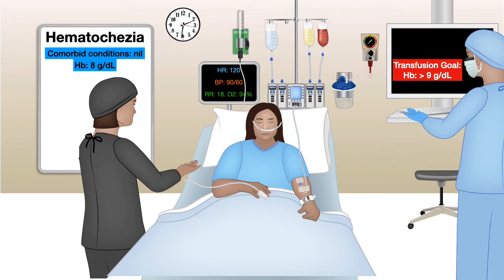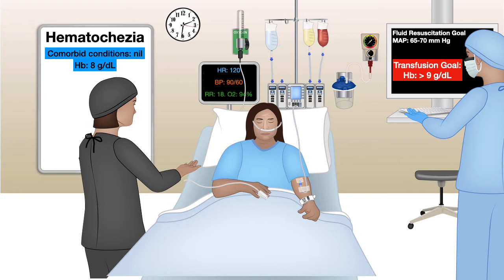And our goal for resuscitation should be a mean arterial pressure of 65 to 70 millimeters of mercury and watching their mentation, their skin perfusion, and their kidney perfusion by measuring their urine output.